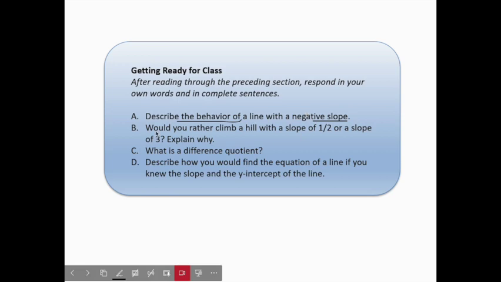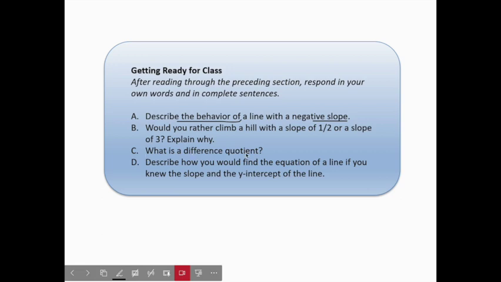The second part says, would you rather climb a hill with a slope of 1/2 or a slope of 3? Explain why. So part B of this is really getting at making sure that you understand how to read the slope and understand the steepness. So a half is going to be less steep than a 3.